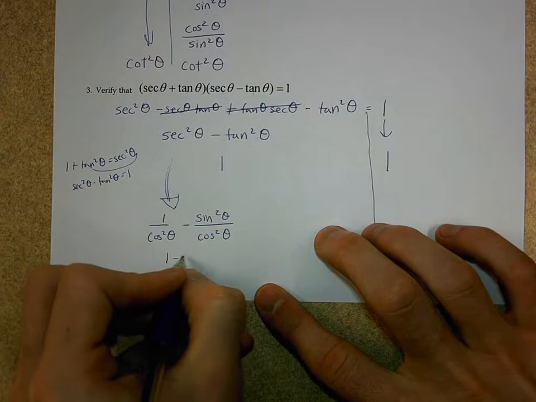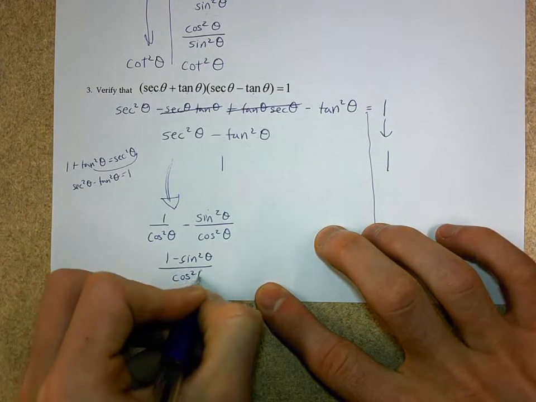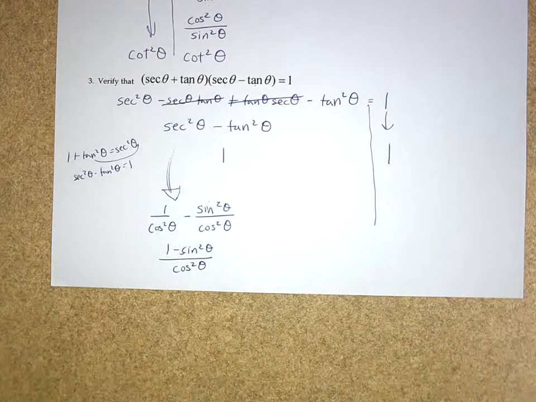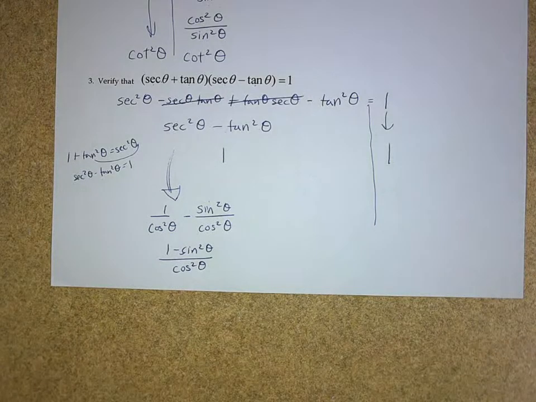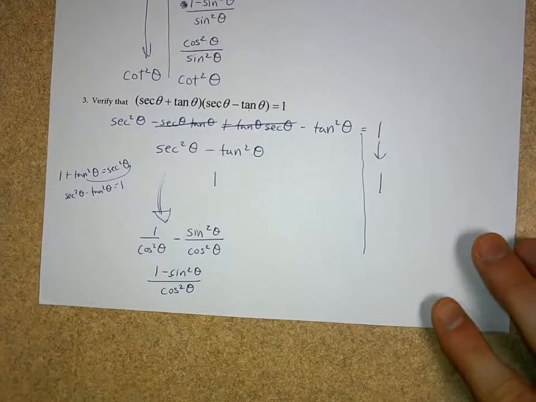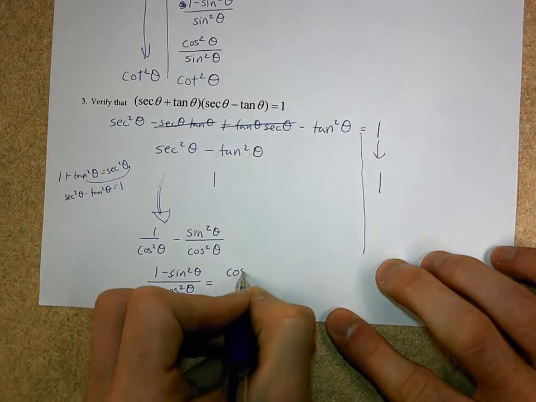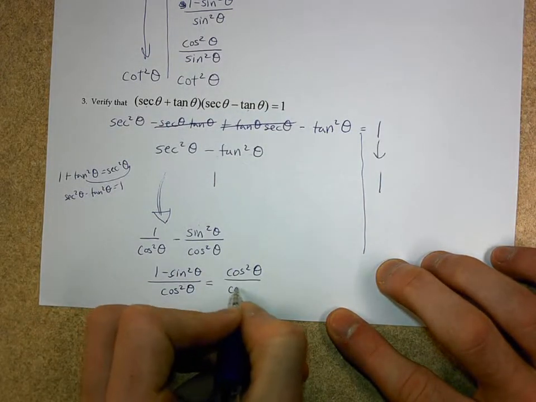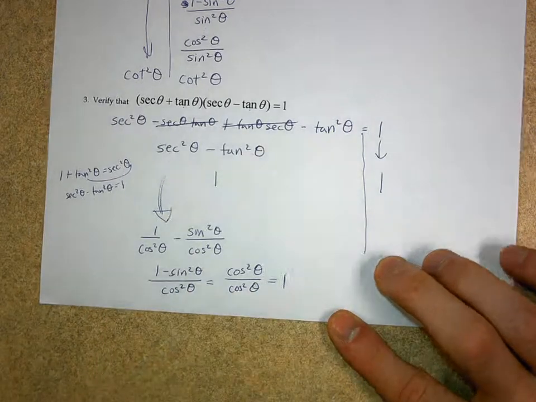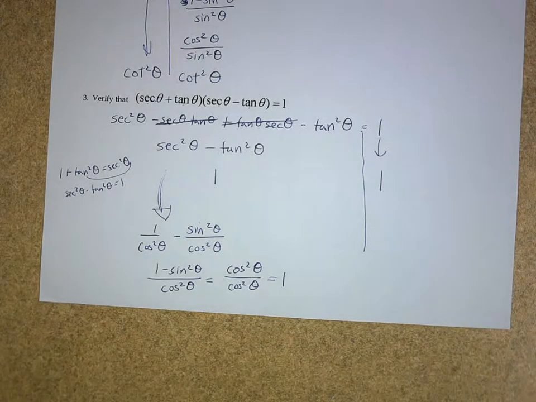If I find a common denominator, which I already have, I can combine my fractions, which is 1 minus the sine squared of theta over the cosine squared of theta. And as we said right above here, 1 minus sine squared of theta is the same thing as cosine squared of theta. So really this 1 minus sine squared theta is the same thing as the cosine squared theta, which simplifies down to 1. So either verification is perfectly legitimate.